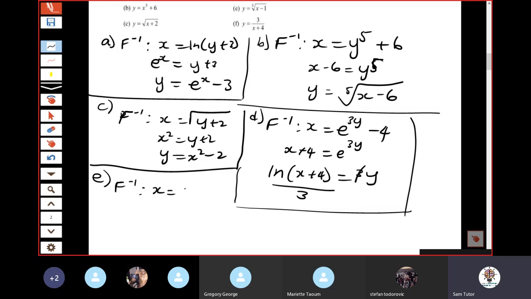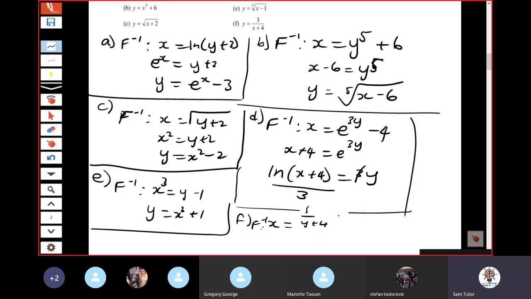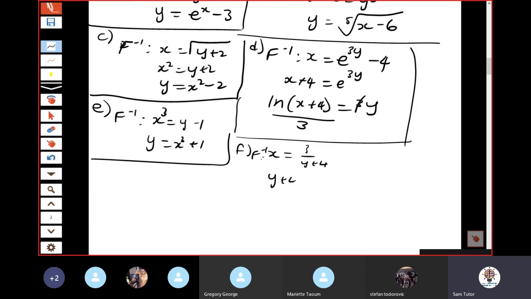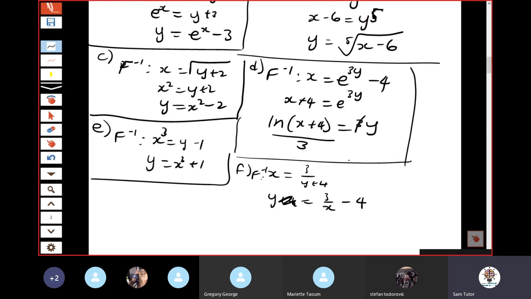X equals cube root, so x cubed equals y minus 1, and of course y equals x cubed plus 1, and then F. X equals 3 on y plus 4, so y plus 4 equals 3 on x, minus 4. Okay.